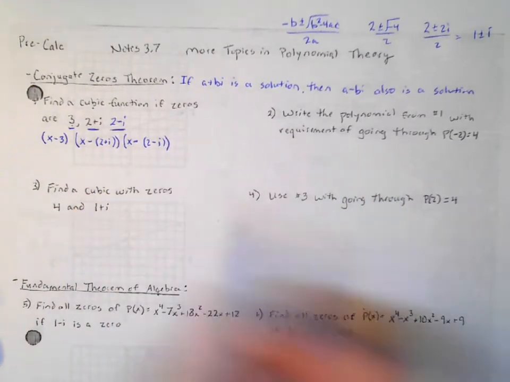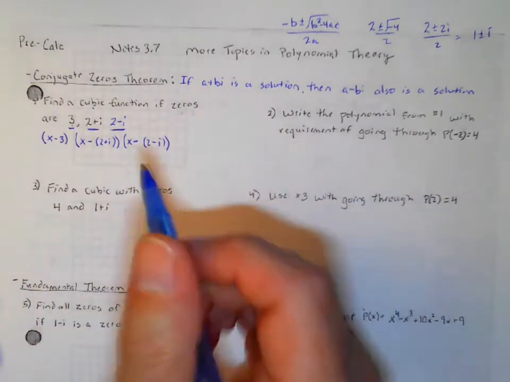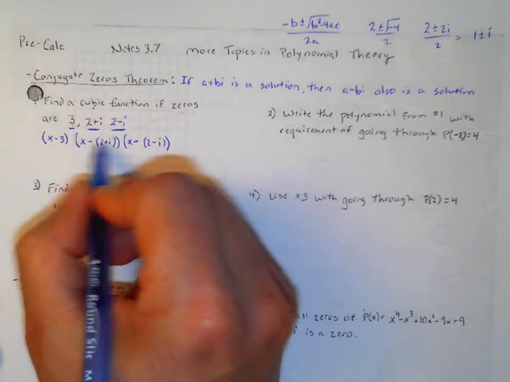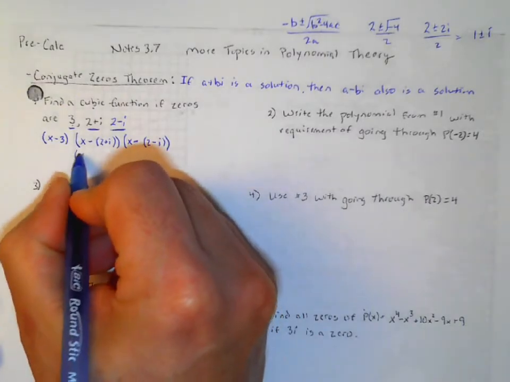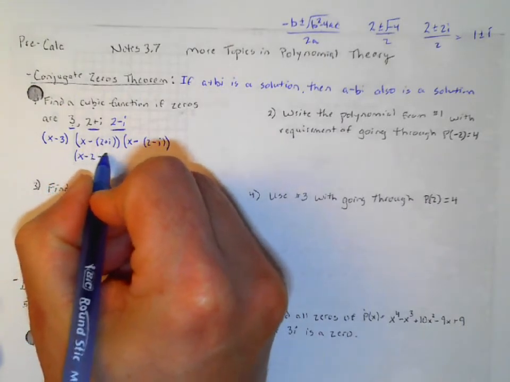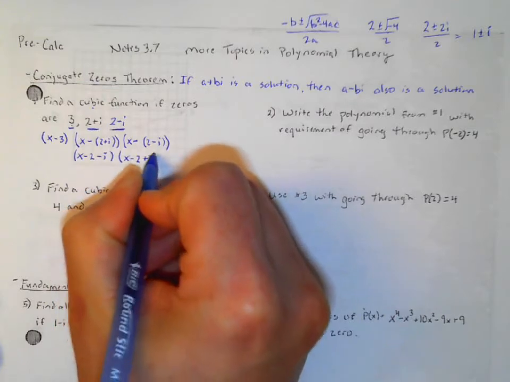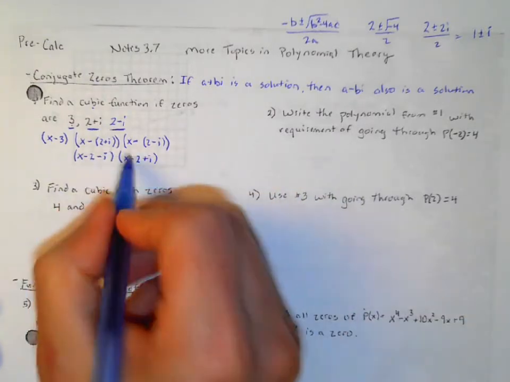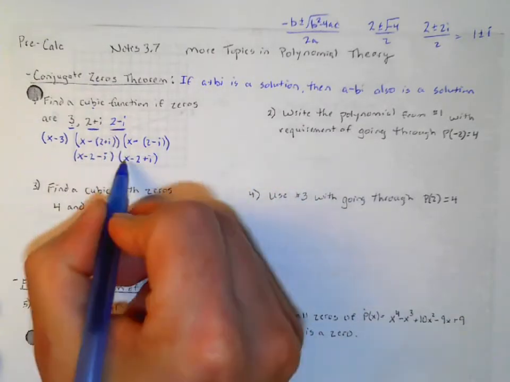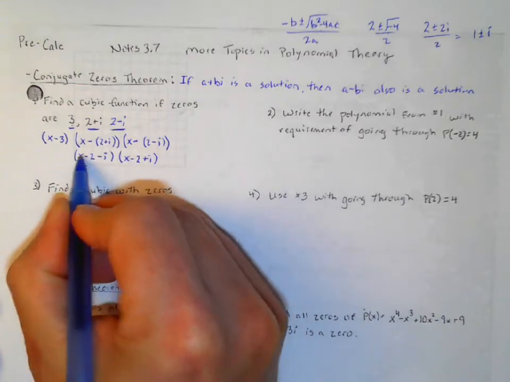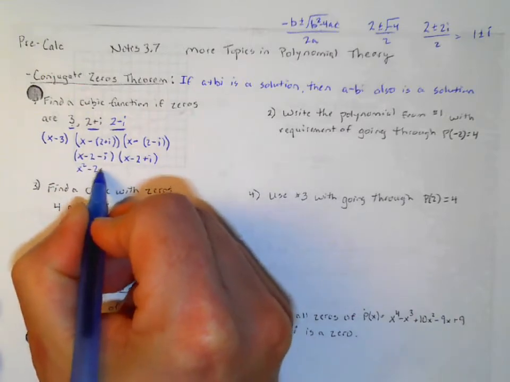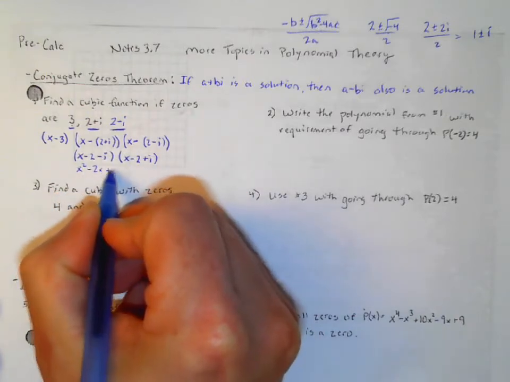What I'm going to do is multiply these together first. Actually, I'm going to distribute the negative through first. So this would be x minus 2 minus i times x minus 2 plus i. When I multiply these together, x times x is x squared minus 2x plus xi.